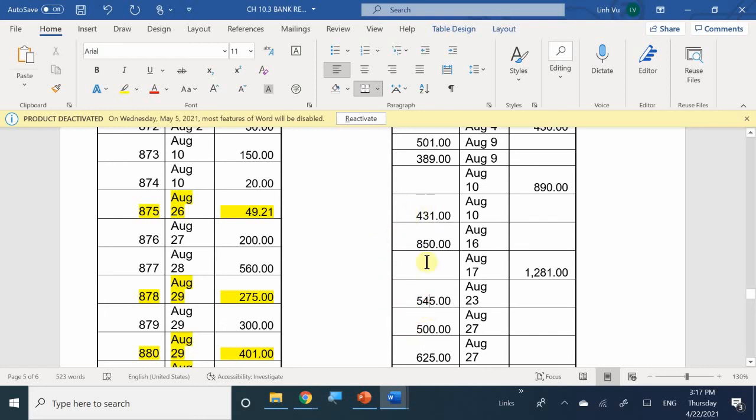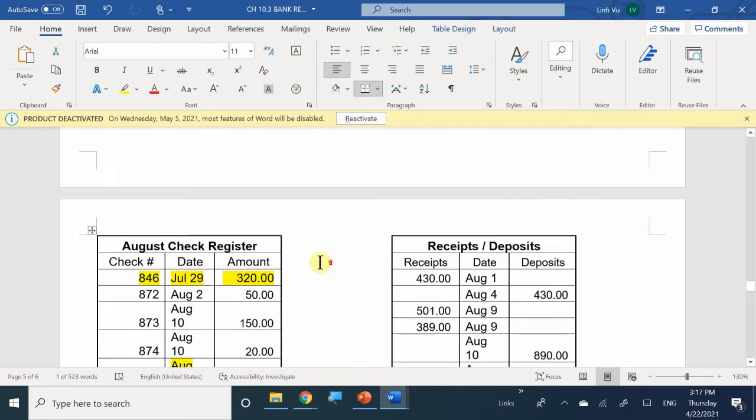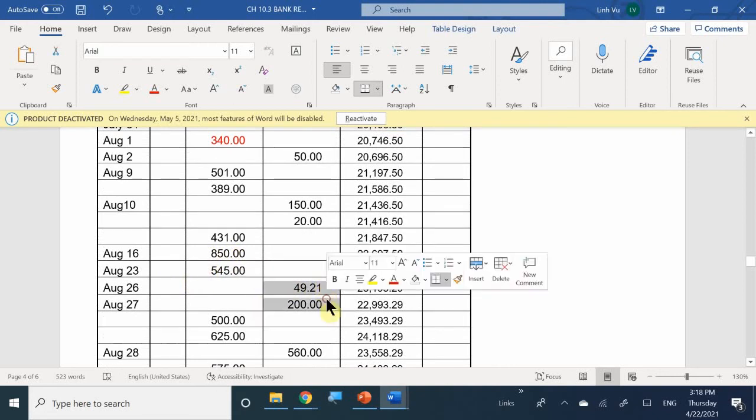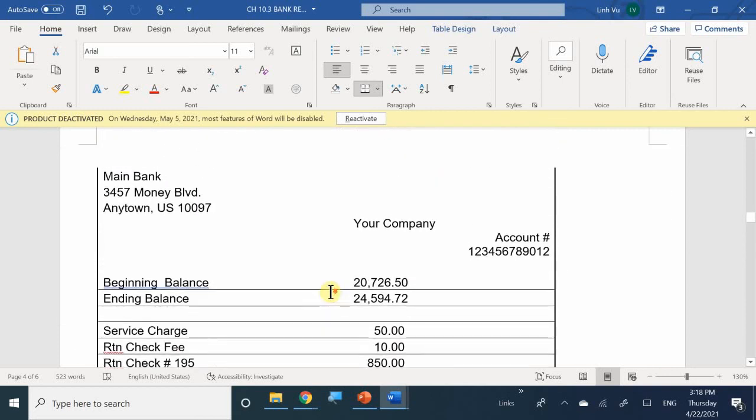We deposited the first two, so that went through. We recognize that that went through. Now here we have the 545, and that's cleared out already right here. So that's good. Did we write a check out for $41.21? Did that clear?